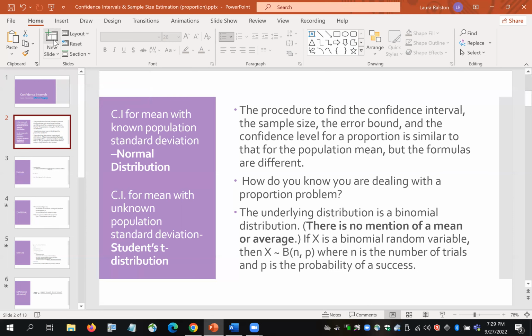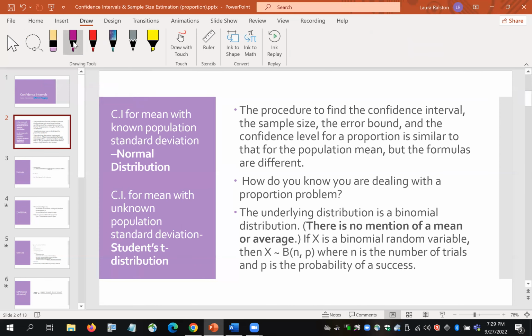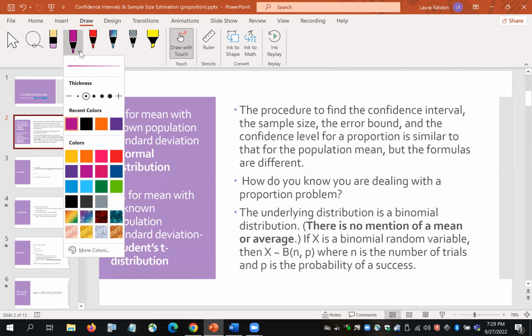The confidence interval for the proportion is based on the binomial distribution. And again, I don't want to get real technical about the binomial distribution. We've talked about it briefly before, but we actually do.